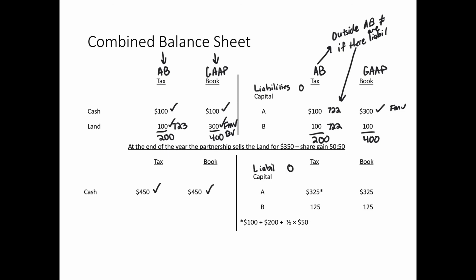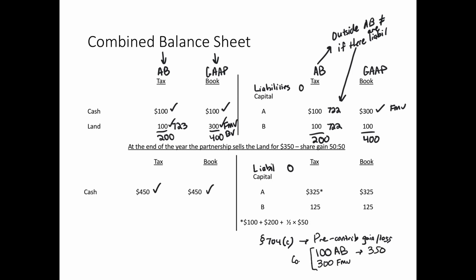All right, so there's a special rule here under section 704(c), and you'll learn more about this later on. Basically it says pre-contribution gain or loss gets allocated to the respective partner that contributed the property. So since A contributed the land, and A contributed at $100, that was the adjusted basis, and it's now being sold for $350. Well, on the date of contribution, it was worth $300.